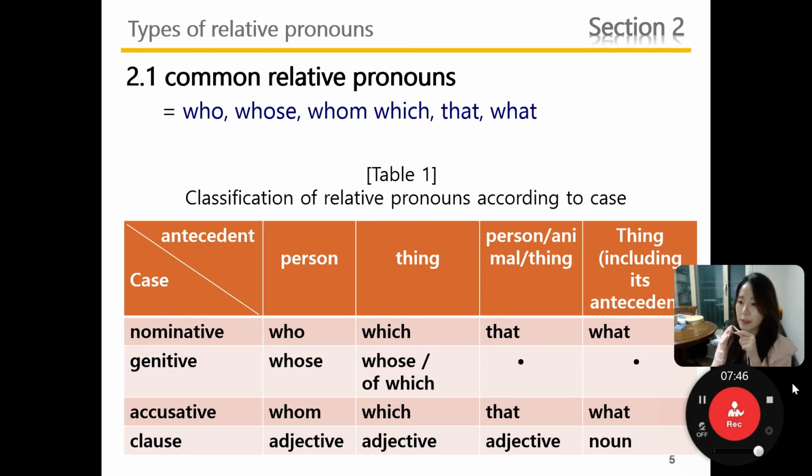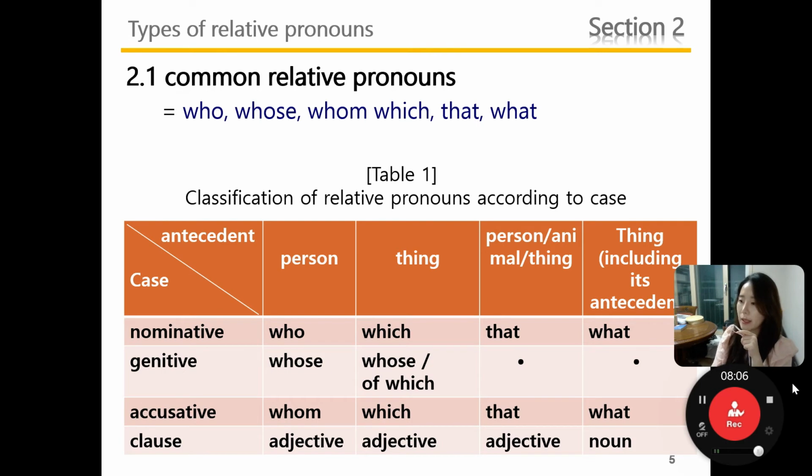When a person, an animal, or a thing appears as the antecedent, who and which can be substituted with that. That does not change in form for a nominative or accusative case.